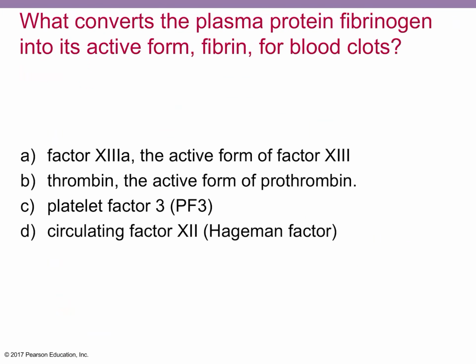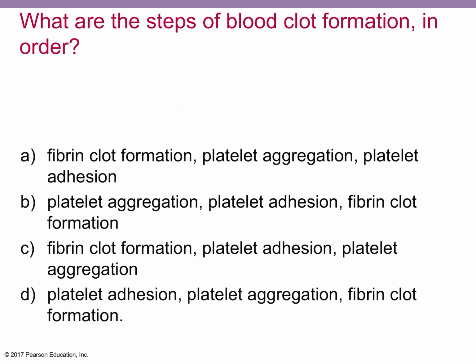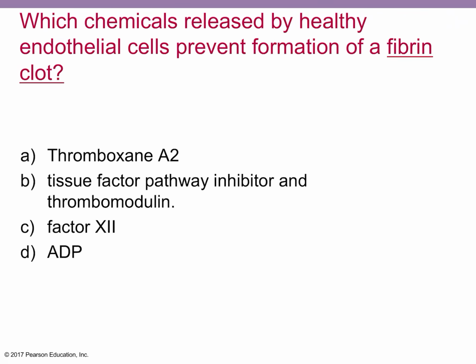What converts the plasma protein fibrinogen to its active form fibrin for blood clots? And the answer is letter B. What are the steps of blood clot formation in order? And the answer is letter D as in dog, platelet adhesion, and then aggregation, and then fibrin clot formation.